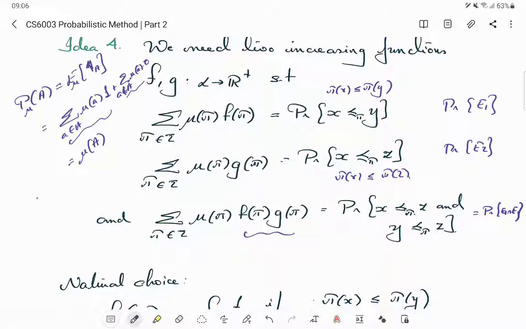So any probability you can easily write as an expectation by choosing the characteristic function of that set. By the way, this is a very, very handy trick to remember on how to express probability as an expectation.